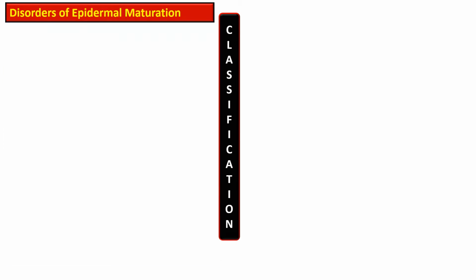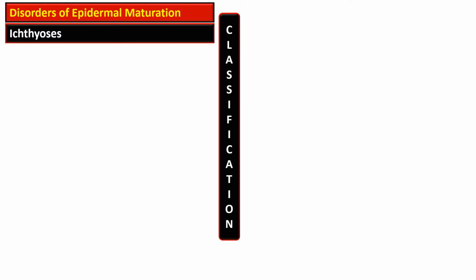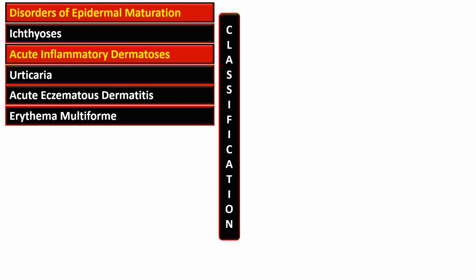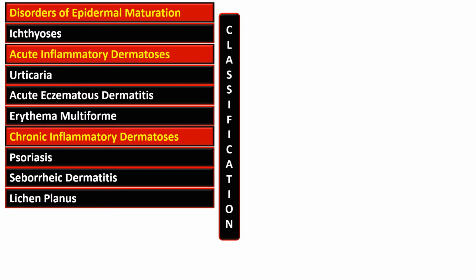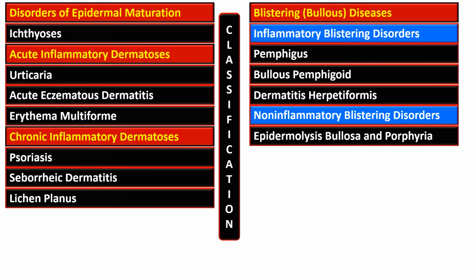Then there is another way to classify these diseases, and this is done on the basis of the pathologic process or morphological appearance of the lesion. One is the epidermal maturation disorders, and it includes ichthyosis. Then acute inflammatory dermatoses include urticaria, acute eczematous dermatitis, and erythema multiforme, while chronic inflammatory dermatoses include psoriasis, seborrheic dermatitis, and lichen planus.